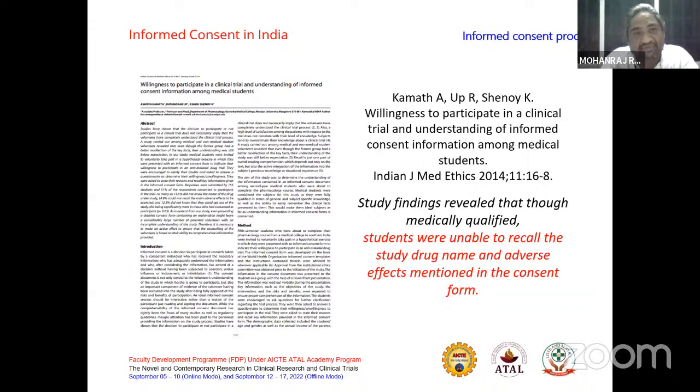So these are educated people in the field of medicine, and they are not able to retain what type of study the consent was for, what drug was involved, whether the consent was made forcefully, and what happens to the adversity of the population involved. These are limitations not in illiterate people of developing India, but a limitation we found in literate medical students. That was the very first study we want to point out regarding the informed consent process in India.